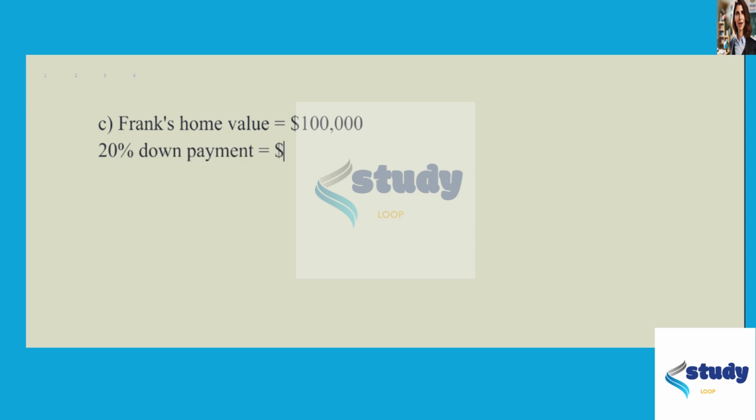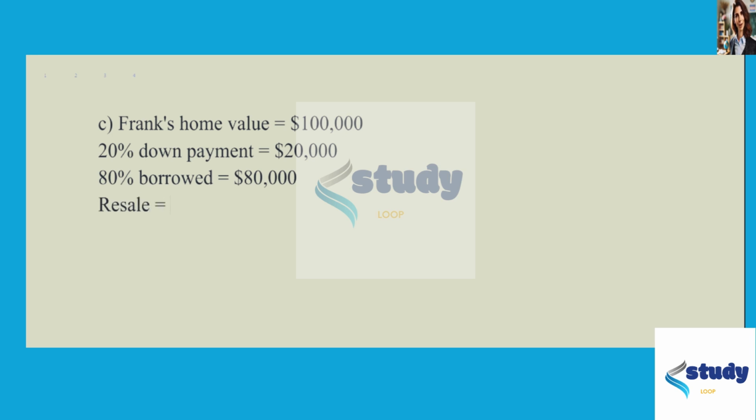This equals $20,000, and he borrowed the rest. So 80% was borrowed. That is $80,000.